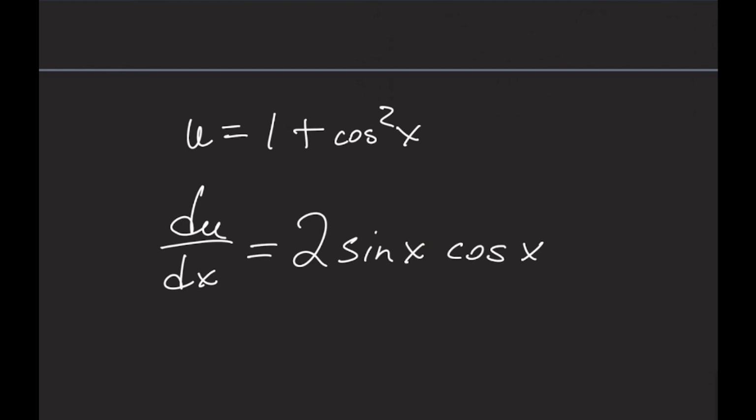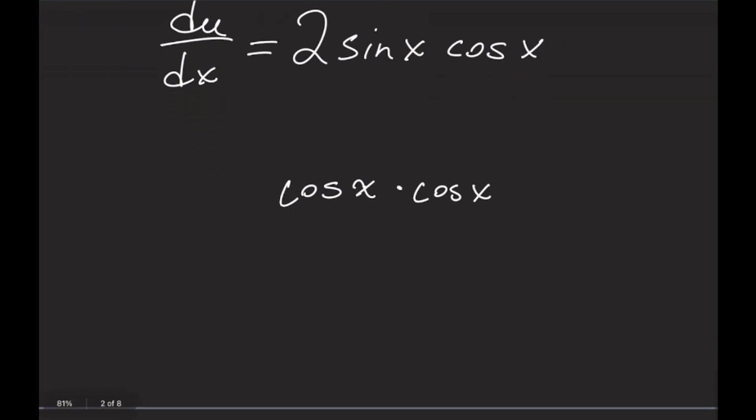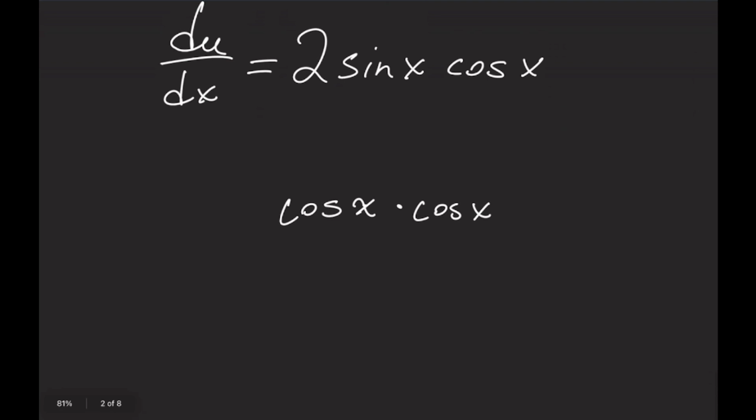And why is this? The reason for this is because the 1 is going to go away, right? So this is just cosine x multiplied by cosine x. And so we'll use the product rule for this.